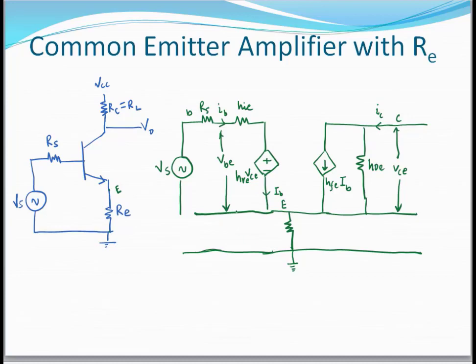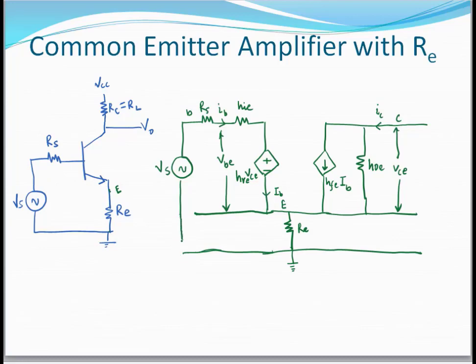Hope you understand why this point is not grounded, because up to this point this is E and this E is the same, and at this point it is not grounded. After RE it is grounded. So I have drawn RE, and this Vs will connect with this terminal, not with this terminal.